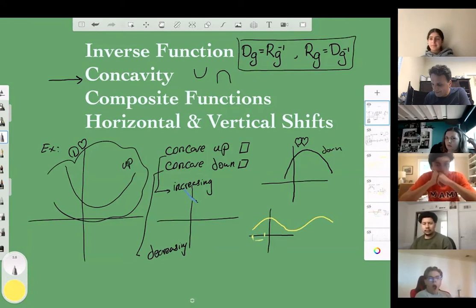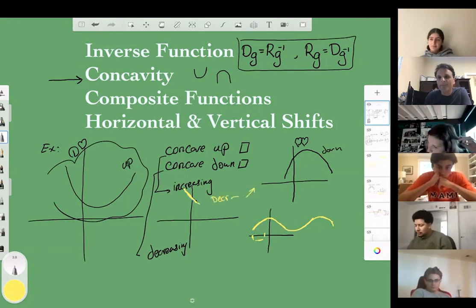This interval we say concave down, then concave down, then concave up, and concave down. So we break it down. In this example that I made, this is concave up. This is decreasing, but it's concave up.